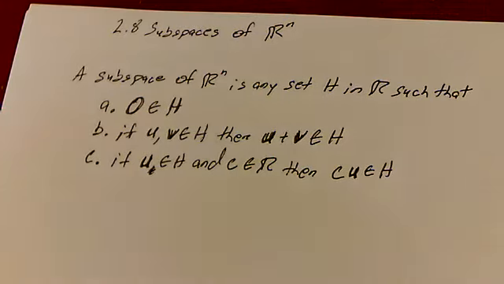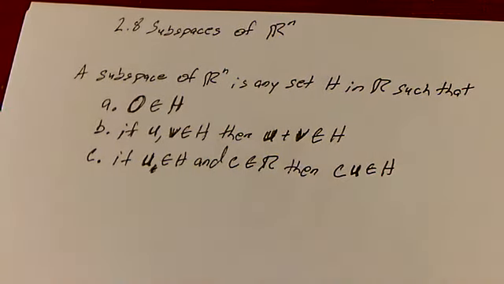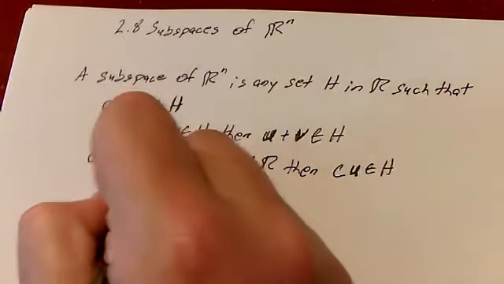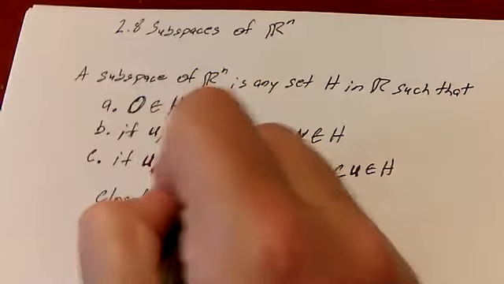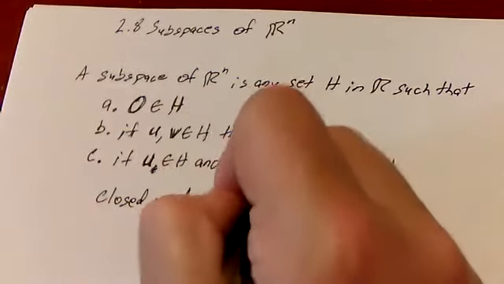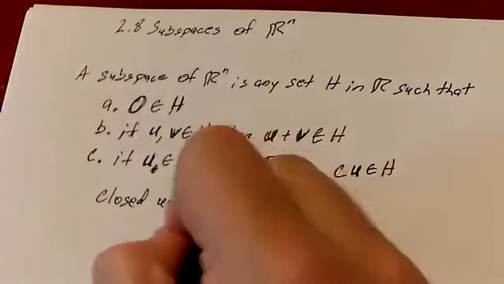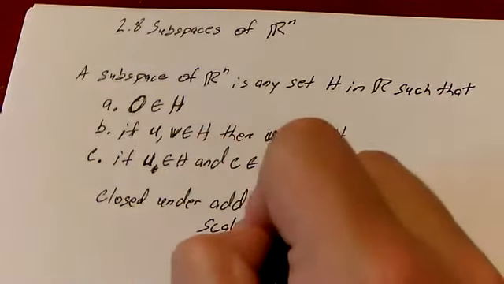We have that the zero vector is in the subset, it's closed under addition, and it's closed under scalar multiplication.